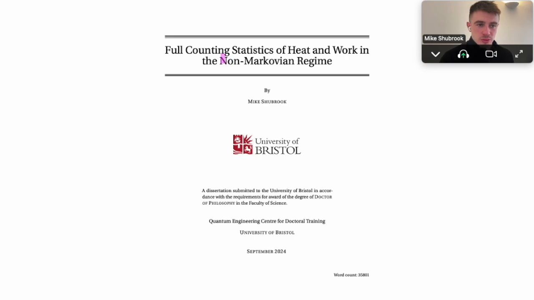So my PhD thesis was related not necessarily to Markov chains, but I look at these quantum systems which are so-called non-Markovian. And what that means is that we have some open quantum system and it interacts with some bath. And in a Markovian system, this interaction is sort of one way.